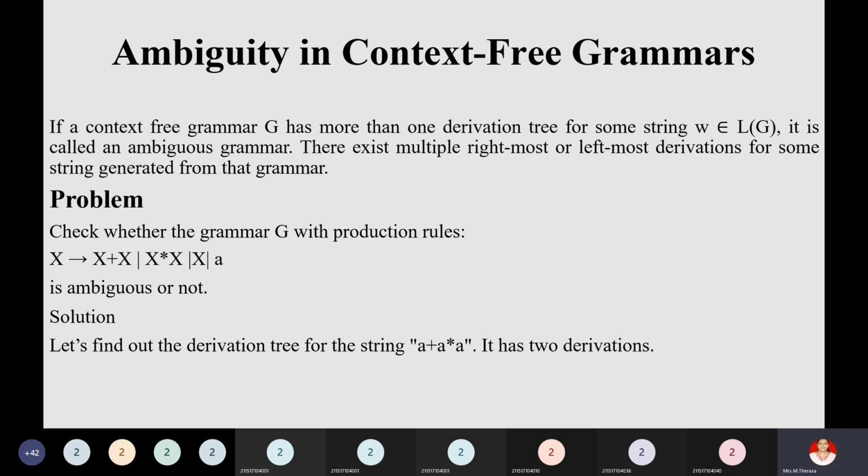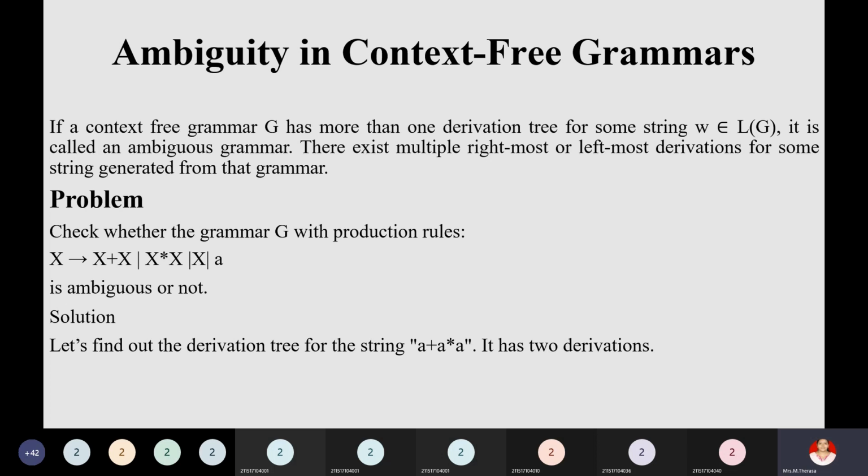And then the very important topic, ambiguity in the context-free grammar. If a context-free grammar has more than one derivation tree for some string w belonging to L(G), it is called ambiguous grammar. There exist multiple rightmost and/or leftmost derivations for some string generated from the grammar.